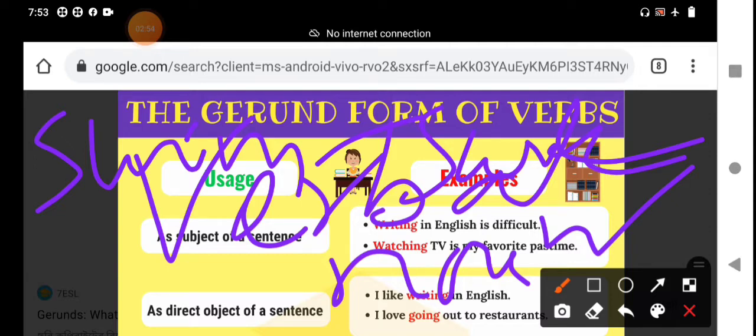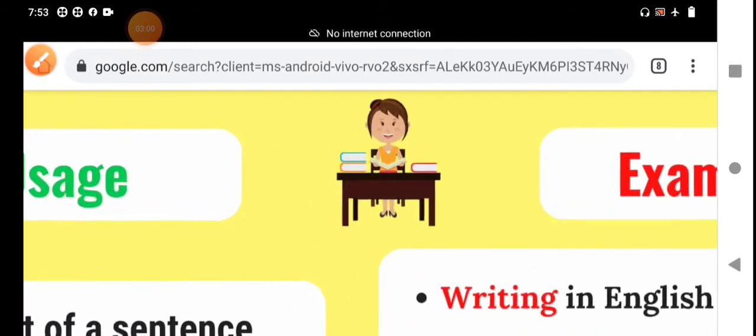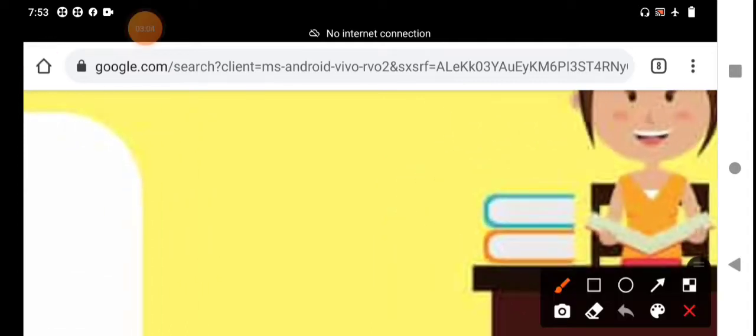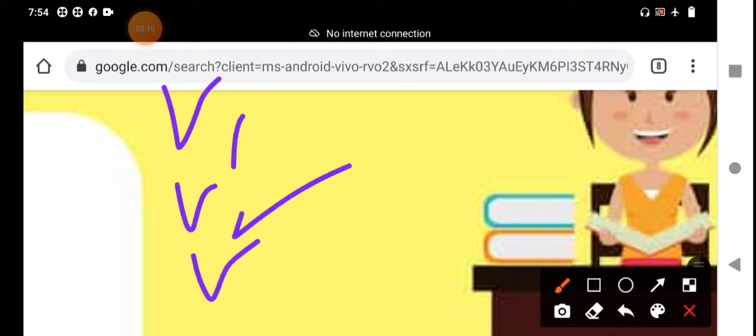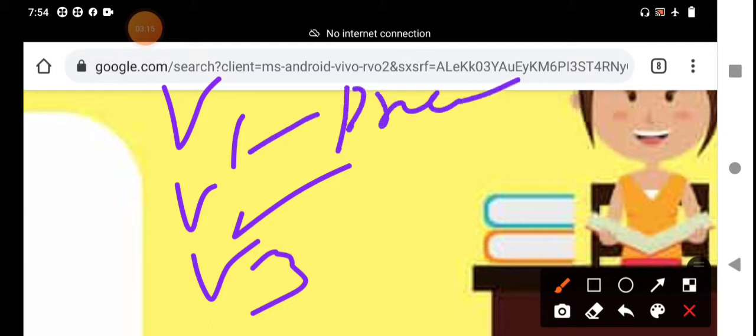Generally, verbs have different forms. They are V1, V2, V3 mainly. V1 is the present form or base form or root form.